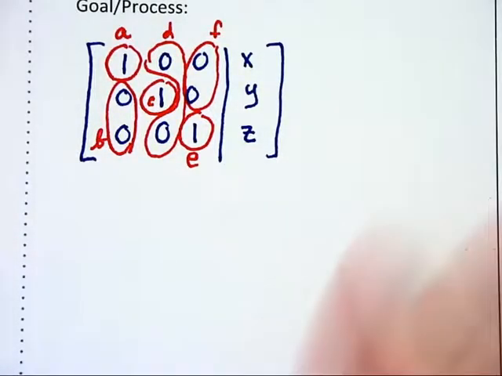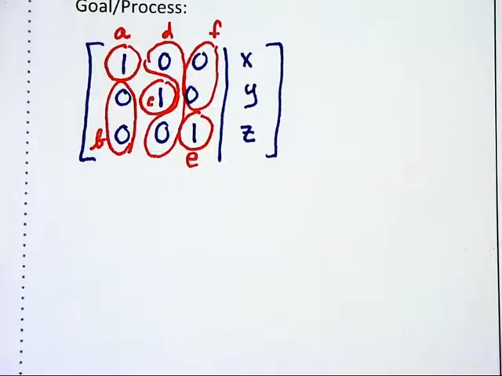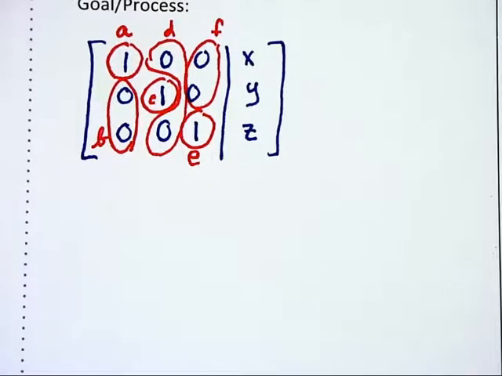Every problem is done the same way. What I'm going to be describing here is what's called an algorithm, a process for solving this system, and computers are actually very good at doing this. Now, let me write out a couple of descriptive rules here.